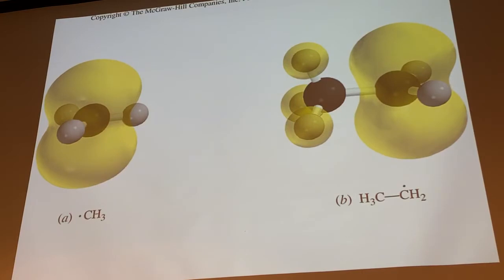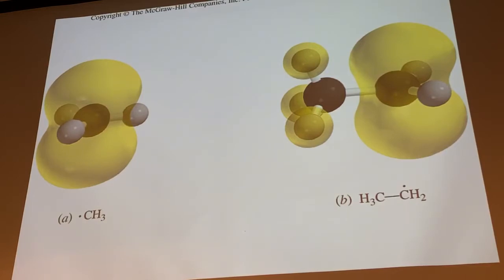It's going to be located on the carbon. But in the ethyl radical, we can delocalize that unpaired electron through induction and hyperconjugation, just like we can delocalize a positive charge. And so you see the spin density can be shared by other atoms in the alkyl group. Okay, so increasing substitution of a radical will stabilize that radical in the same way that increasing substitution will stabilize a carbocation.